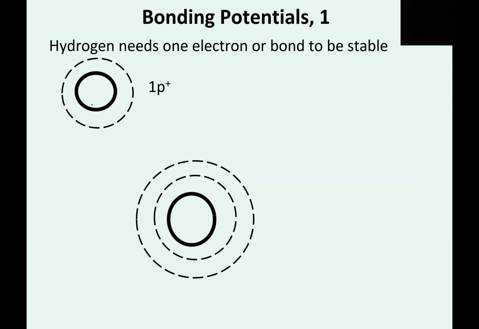Hydrogen has 1 proton in its nucleus and it has one electron in its valence shell. In a structural formula, you're going to see a capital H and a line. It doesn't matter which direction the line is, but it's only going to have one line.